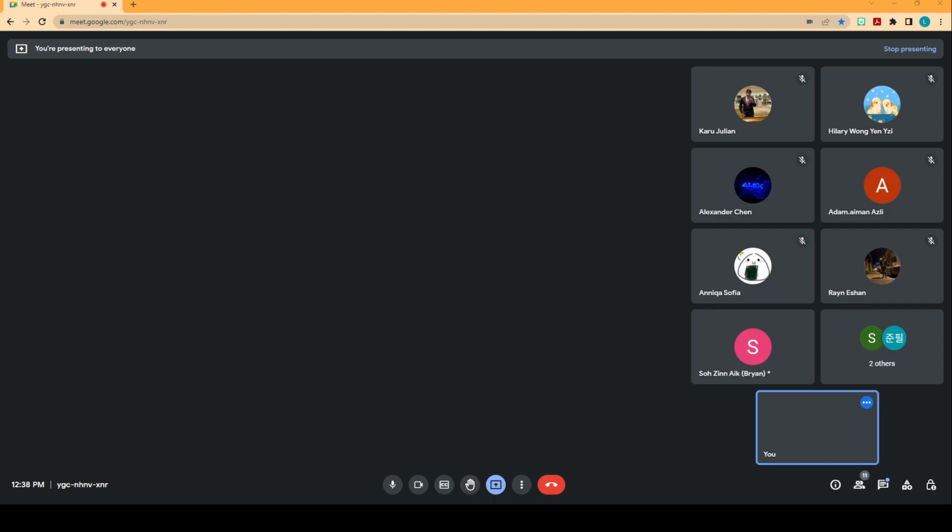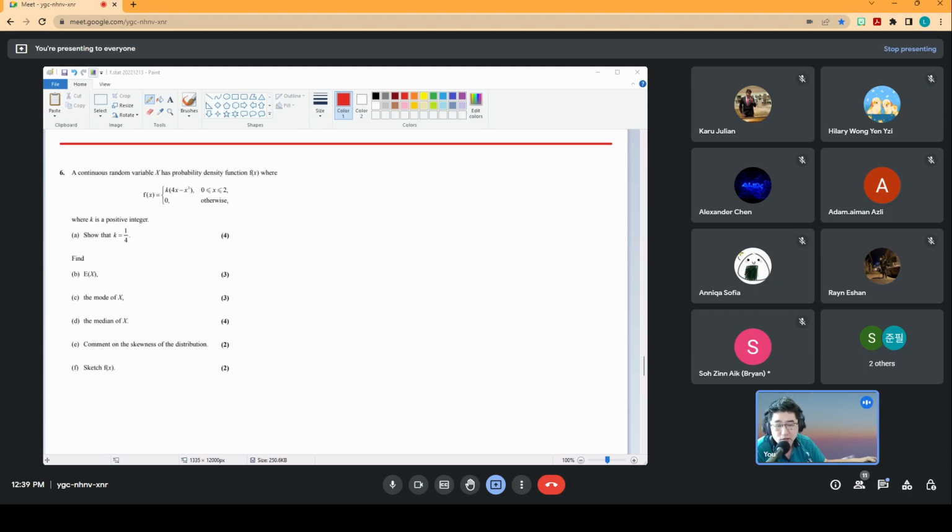Okay, so how should we solve these questions for A? How do we actually get the answer as 1 over 4? Any suggestions? We have to show that the total area is equal to 1.